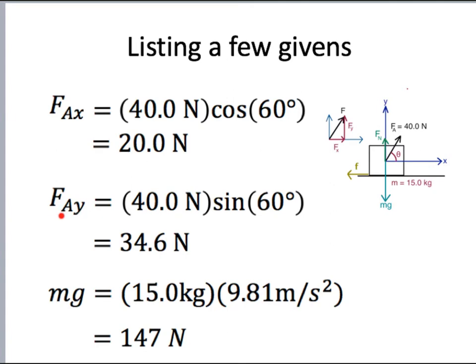The y component of the applied force is 40 newtons times the sine of 60 degrees. Again, that's going to be the opposite side of the triangle, so that goes with sine. That works out to be 34.6 newtons. And then the weight, as we said previously, that's 147 newtons.